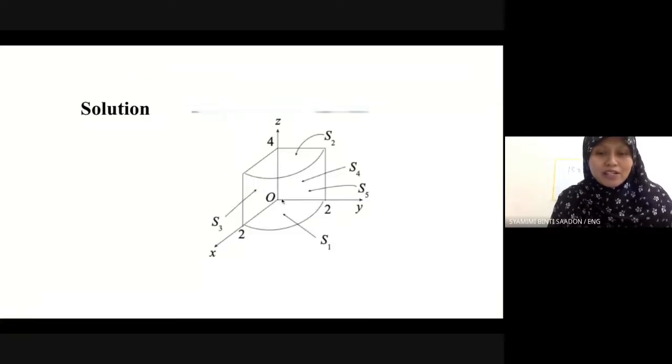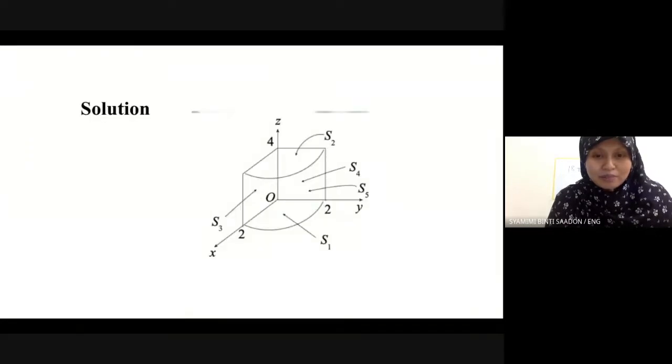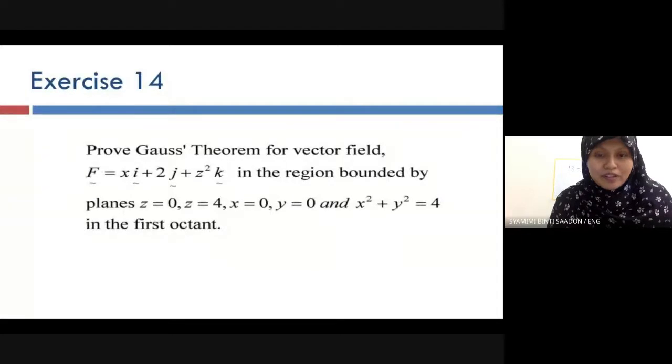So if we sketch the boundary, we get this solution. Z equals 0 until z equals 4, x equals 0, y equals 0. Okay, and then we have this function.